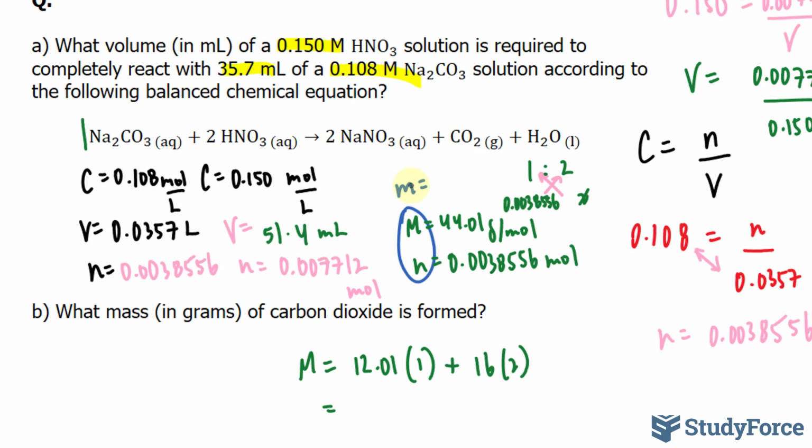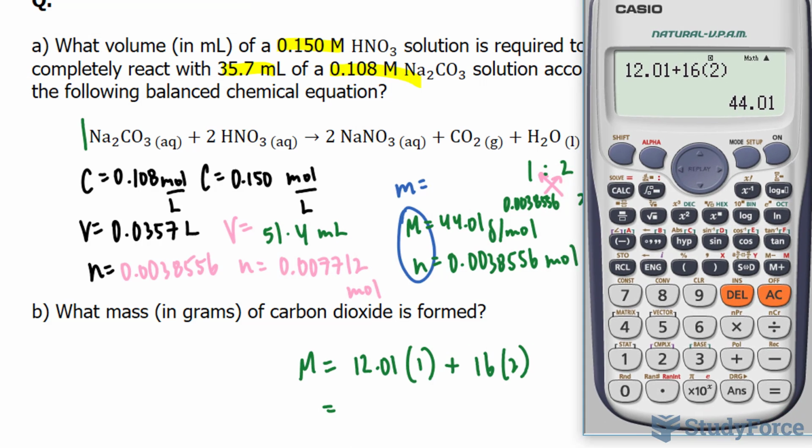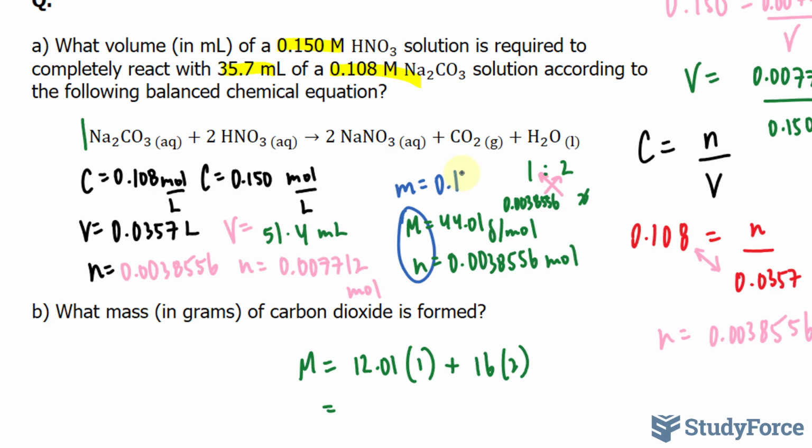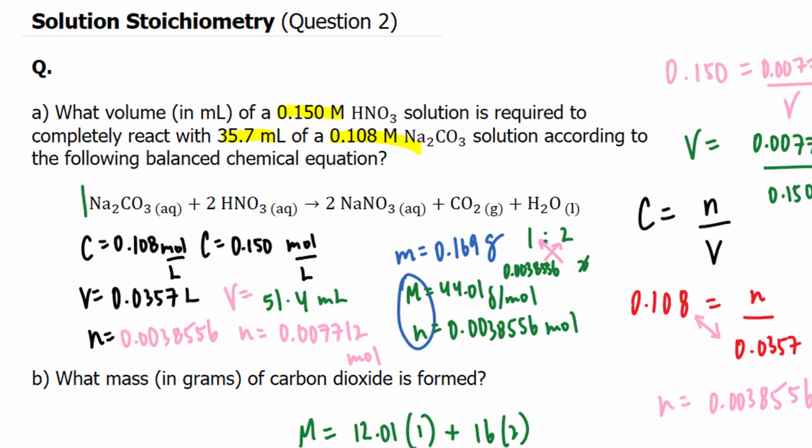Little m is representing mass. So I have 44.01 times 0.00385, and we end up with 0.169 grams of carbon dioxide is formed according to this balanced chemical equation. And there you have it. That is how to solve solution stoichiometry questions.